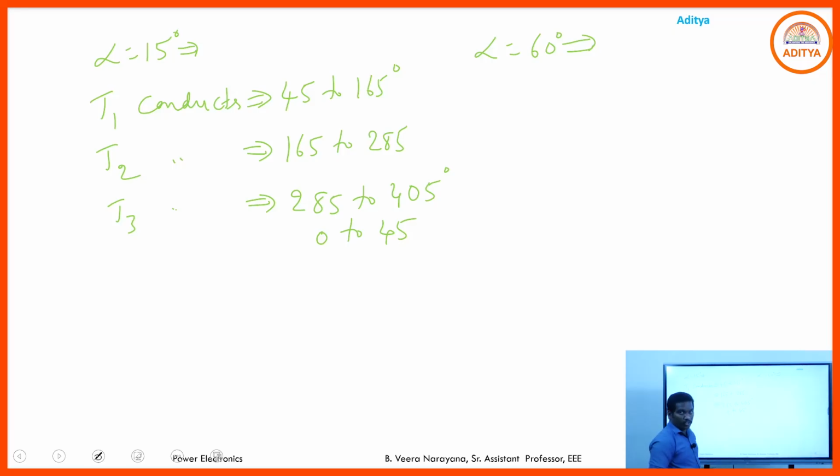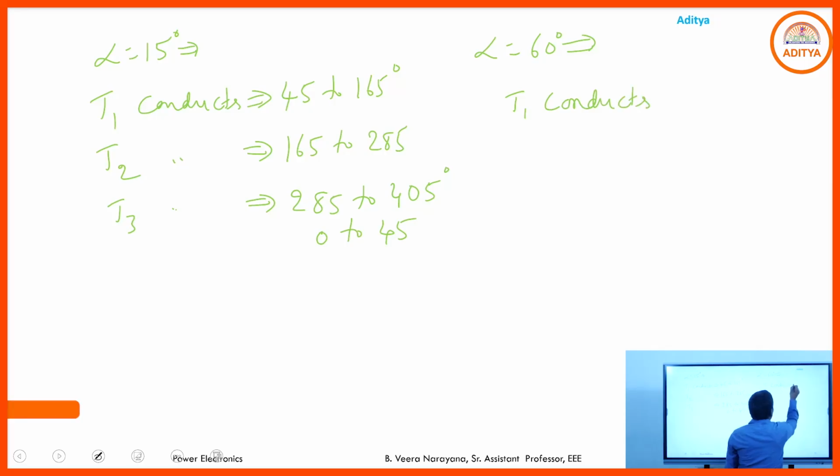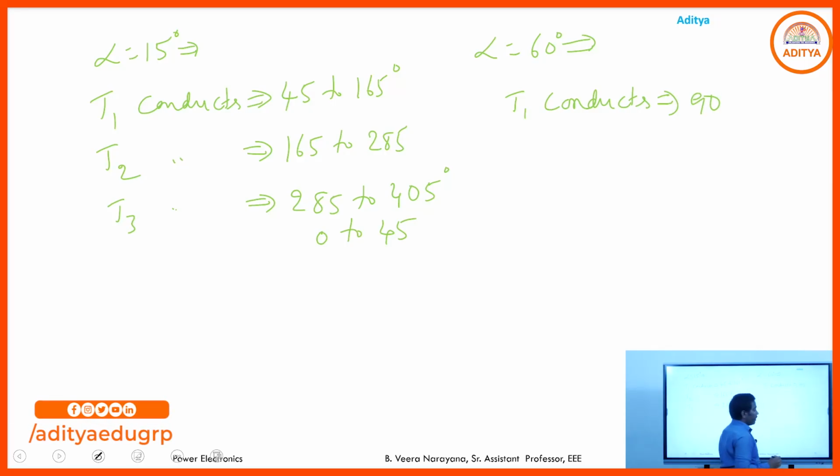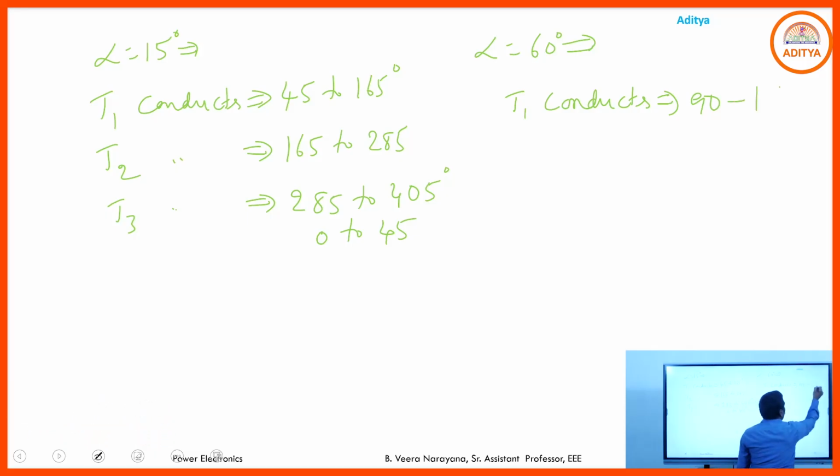If you choose alpha equal to 60 degrees now, T1 conducts from 90, because 60 plus 30 is 90, to 210 actually, but up to 180 only we have the positive portion.